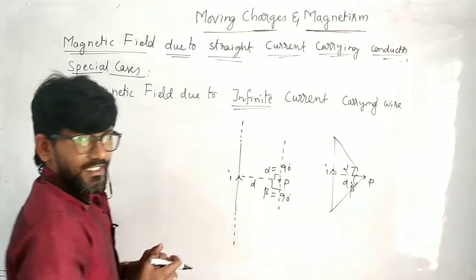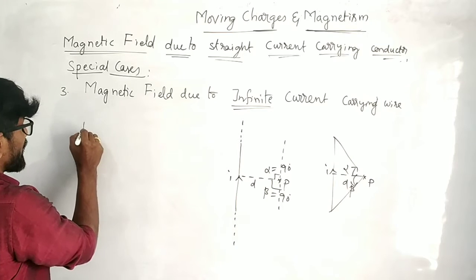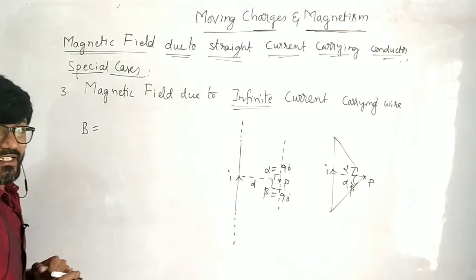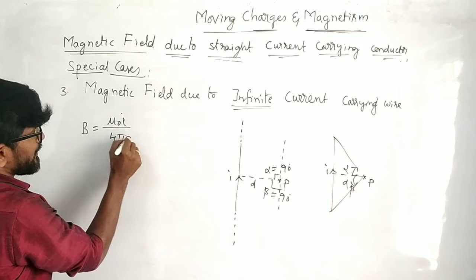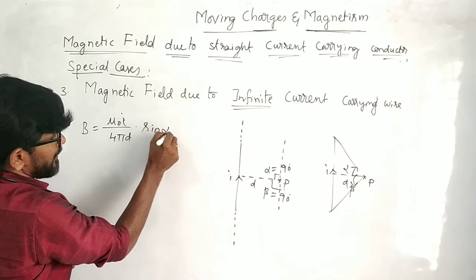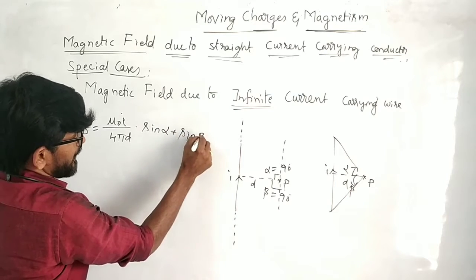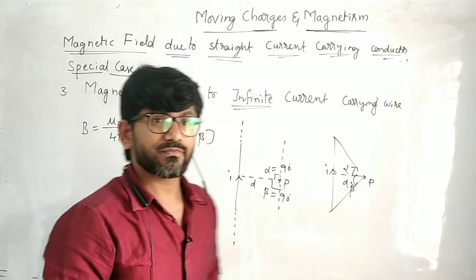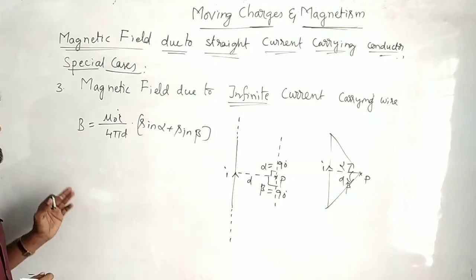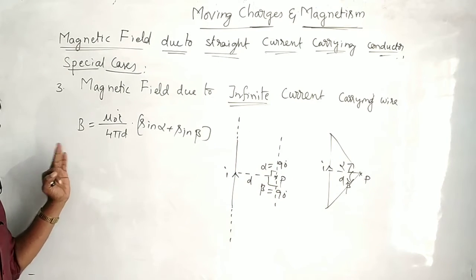Now things are clear. The general formula for finding magnetic field due to a straight current carrying conductor is mu naught I by 4 pi d into sin alpha plus sin beta. Are you getting? Right?